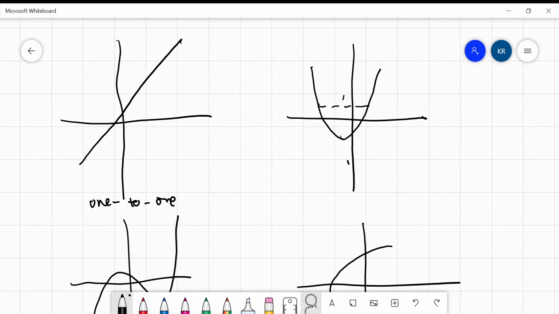If this is 4, so 4 has two values of x which are mapped into it. So this can be x1 and x2. So this means since there are multiple inputs mapping into one output, this becomes many-to-one.